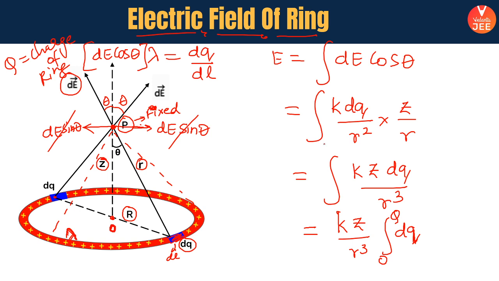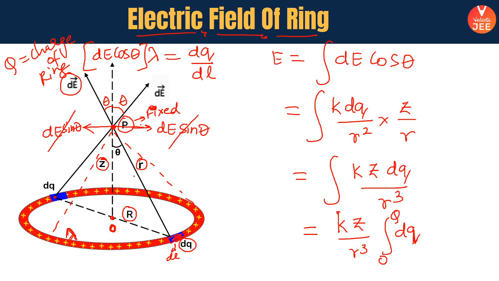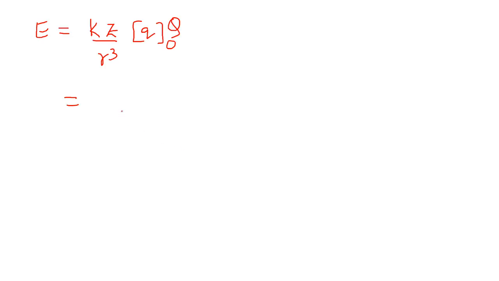Let's go to the next page and complete this derivation. So E is going to be k z by r cube times the integral of dq from 0 to Q. Also, r is nothing but the square root of z square plus R square, so I'm going to replace that as well.